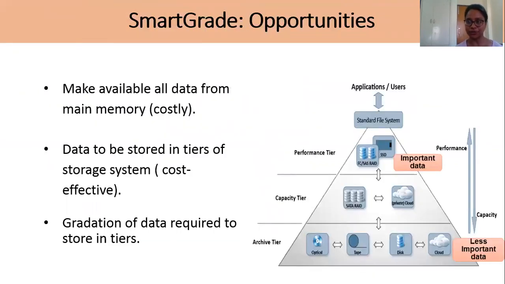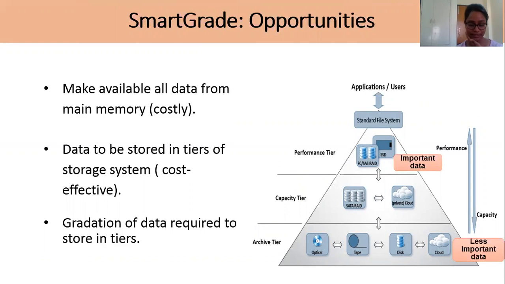we talk about some opportunities here. So if you see the right-side picture, there are 3 tiers, and the first tier is the performance tier, which is very expensive, but also very fast, which is SSDs.